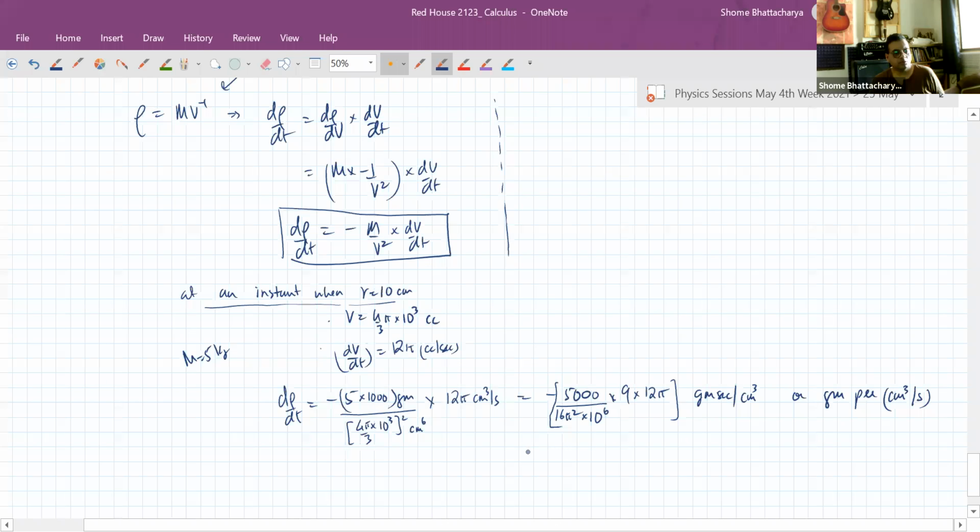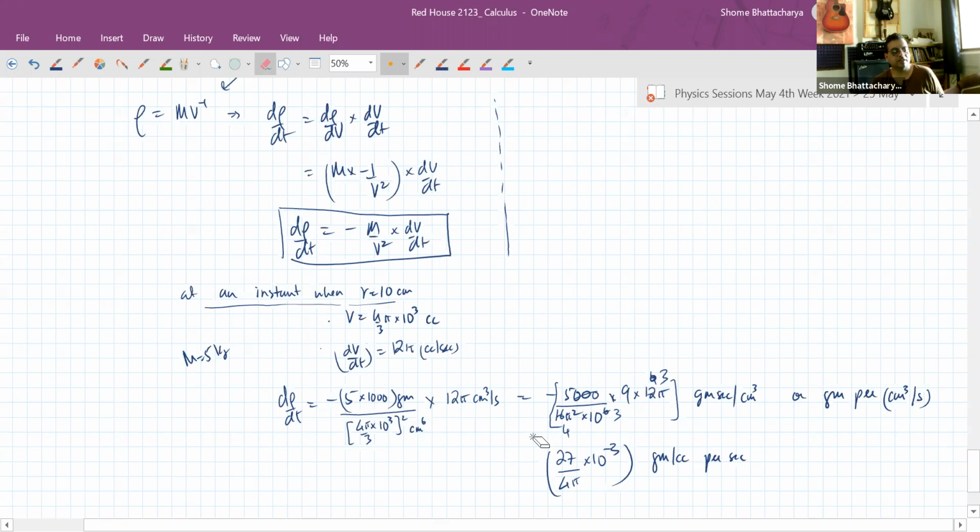So how much is it finally becoming? This is becoming 27 by 4 pi into 10 raised to the power minus 3 gram per cc per second. But don't forget the minus sign.